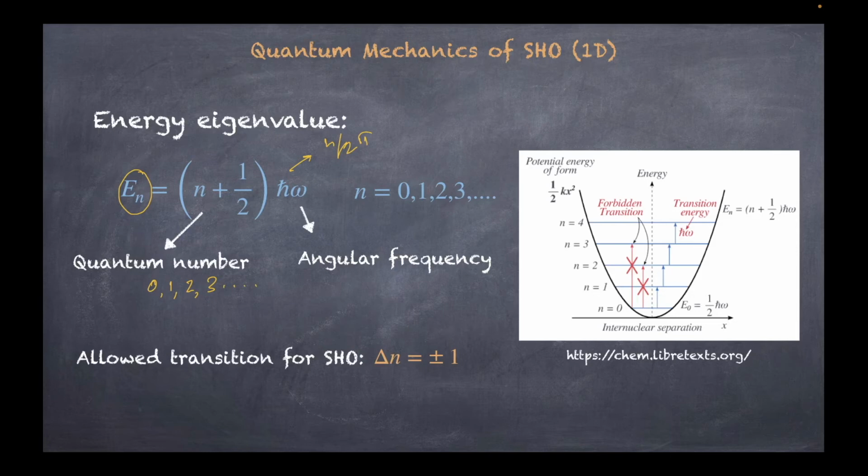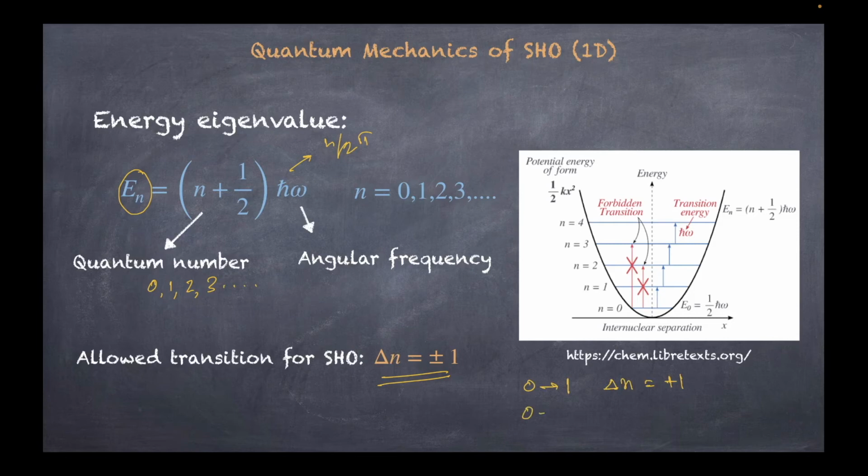Now for harmonic oscillator, the condition for the allowed transition is delta n equal to plus minus 1. Now let's say for 0 to 1 transition, in this case delta n equal to plus 1, so it is allowed.